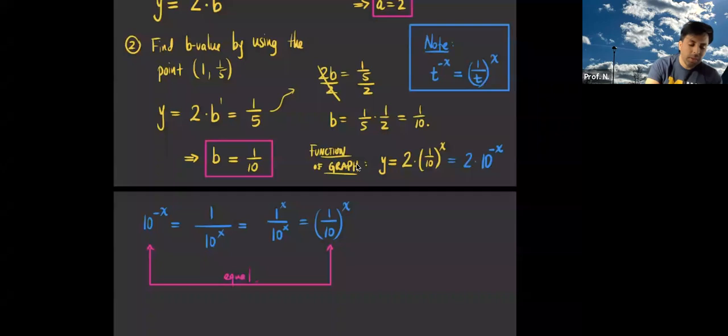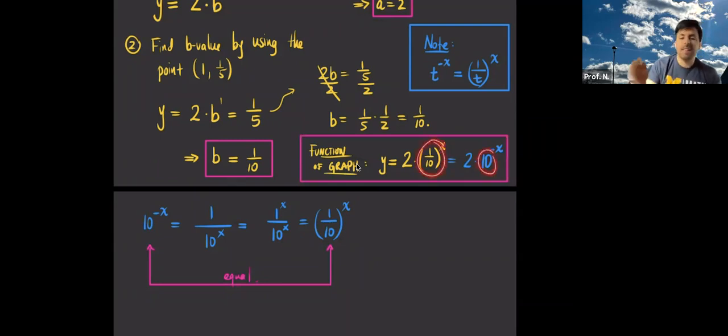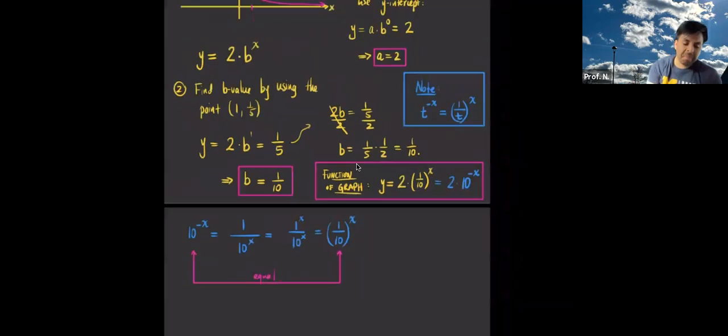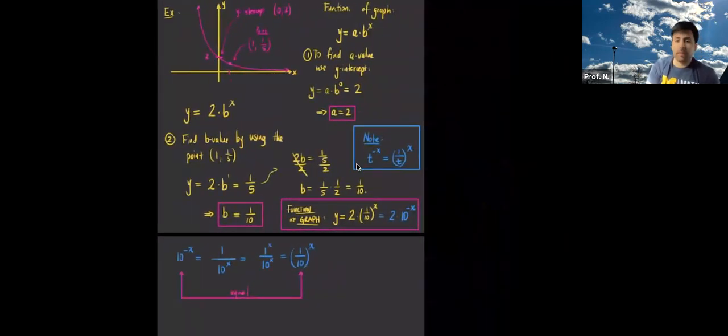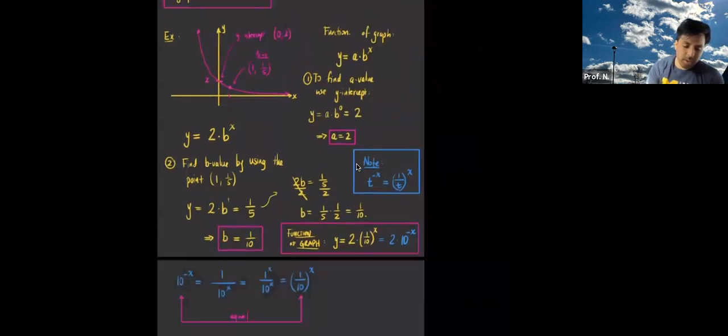Okay? So I can rewrite the function in 2 ways. I can write this as a fraction, 1/10 to the x, or I can write this as 10 to the negative x. Okay? So any questions about this?